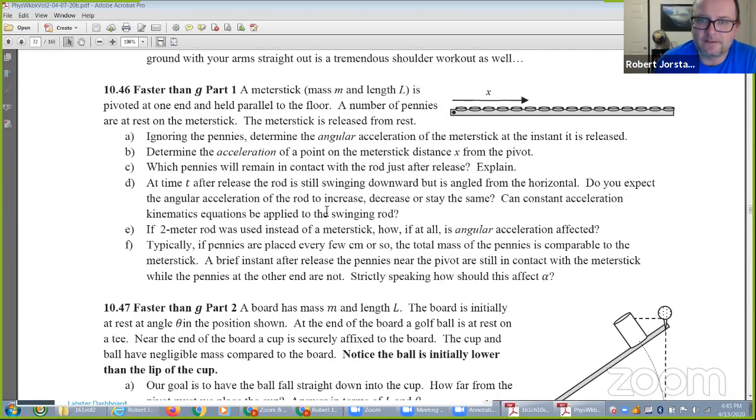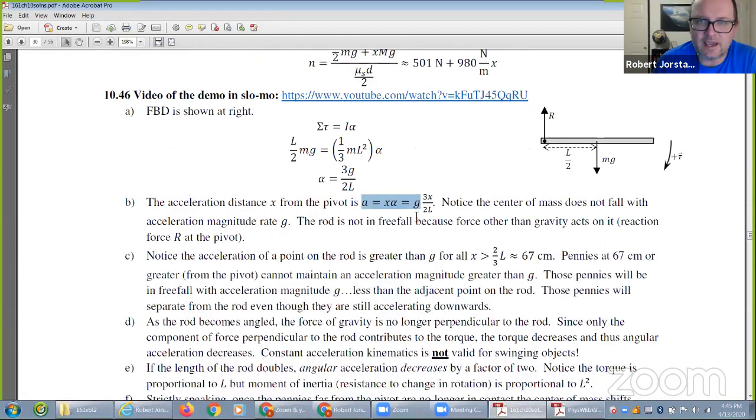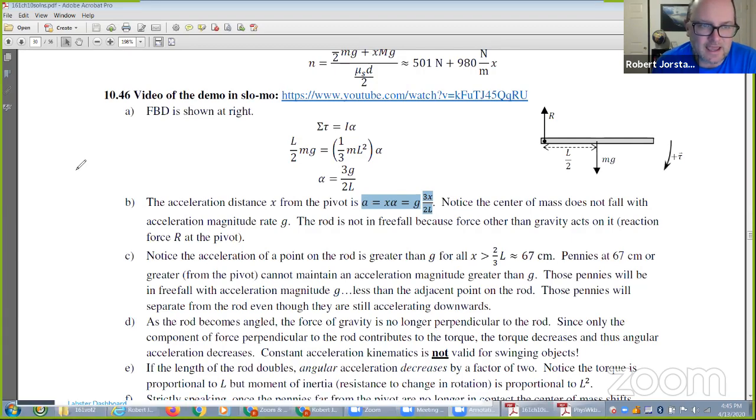All right. So in this case, I tried to use what I just told you. And notice this may not look like it initially, but it is the same equation here. If I say that a tangential is equal to R alpha, in this particular problem, if I go over here some distance x, my radius is equal to x, right?